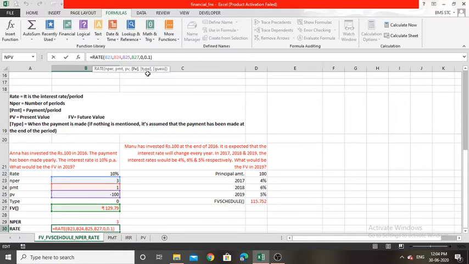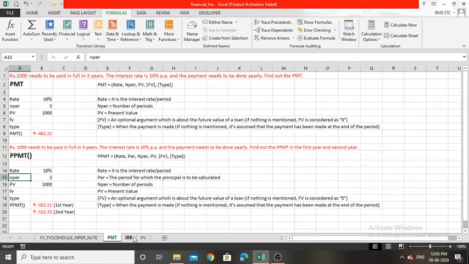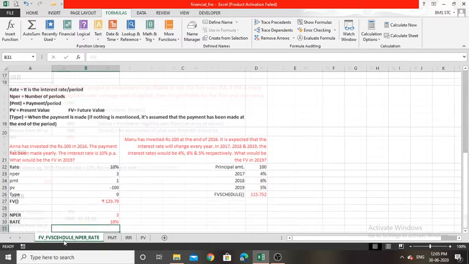Type as 0. Guess is a value we simply put by default as 0.1. What does guess mean? The guess is an assumption of what you think the rate should look like.